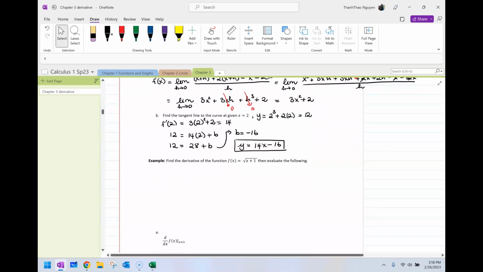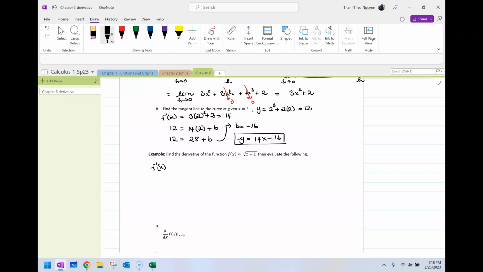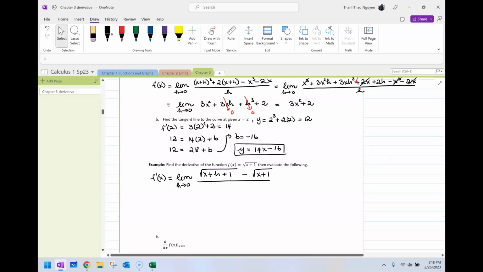Find the derivative of the function, then we evaluate the following. So let's go ahead and find the derivative of the function. f prime of x is equal to the limit as h approaches 0 of square root of x plus h plus 1 minus square root of x plus 1, divided by h.